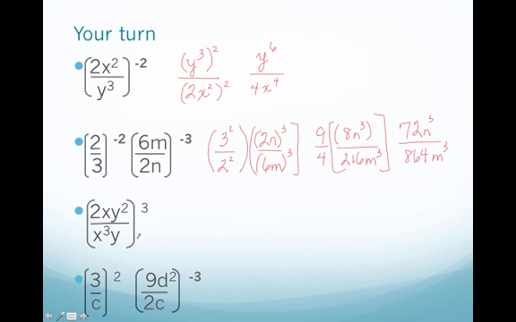Okay, I'm going to rejoin you right here just for a minute to go over this. Notice my y cubed flipped up, my 2x squared came down, and I still raised them to the second power. Simplified, they looked like this. Here I had 2 negative exponents, so my numerators and denominators flipped, and I still distributed the cubed to each part, and eventually I multiplied the 2 pieces to get this number.